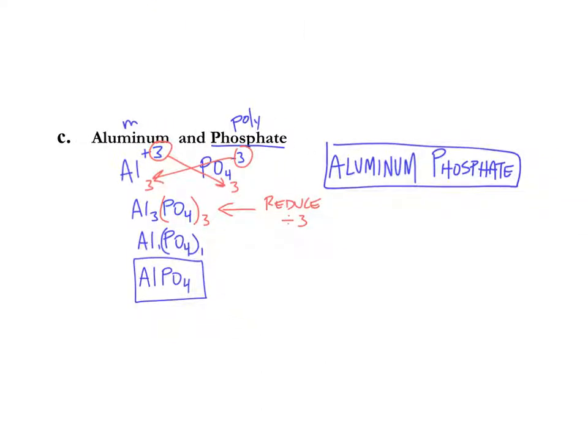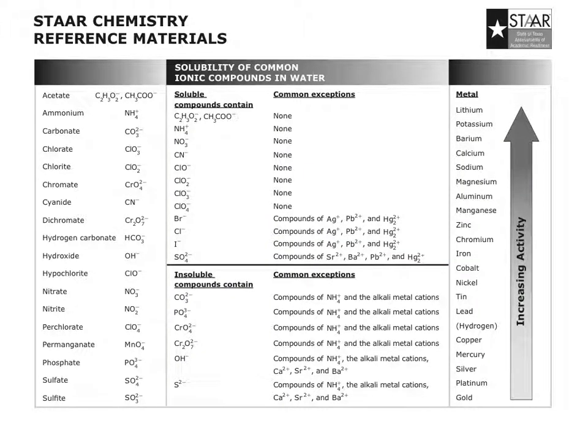There we go. Charts that are at your tables currently, flip over to the back side of your periodic table, and you have a chart that looks like this. Okay? Now, all those polyatomic ions can be found in this section right here.